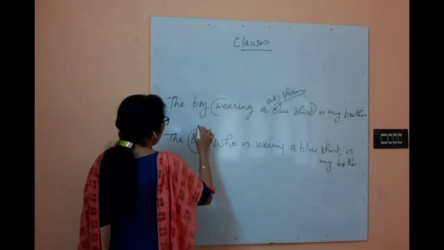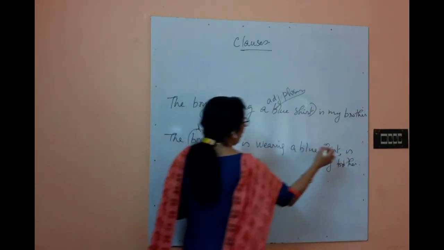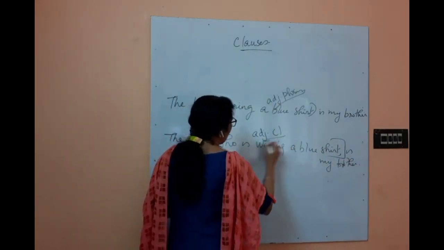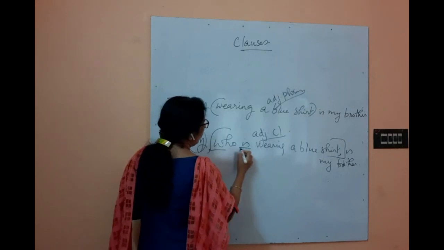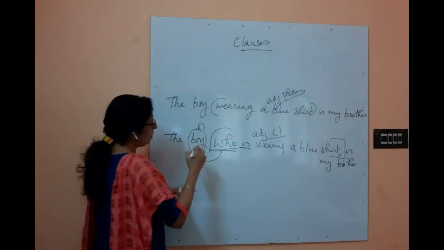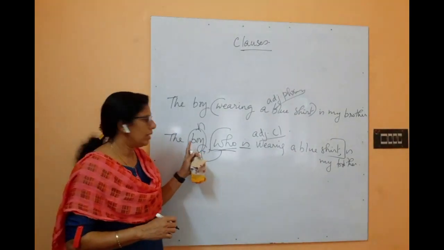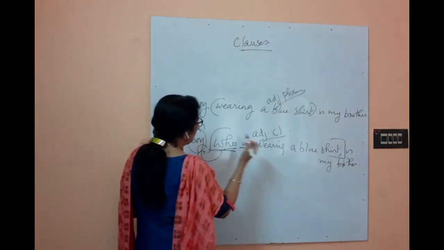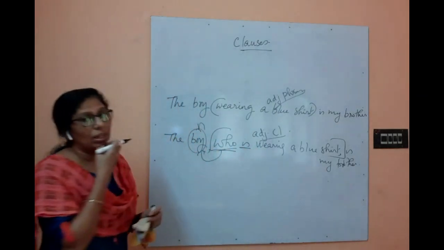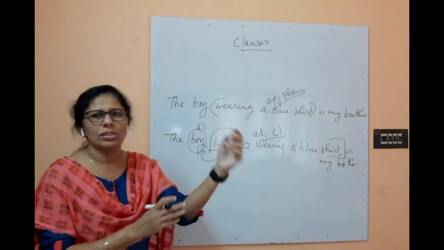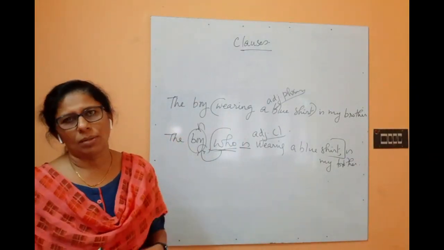Understood? So boy is a noun, and what kind of boy? Who is wearing a blue shirt. This is the adjective clause. We can see that the verb is there, the subject is there. Who means the antecedent is here, so the explanation of the antecedent is given by this relative pronoun. So this is the subject. And why are we picking out the sub-clauses only? Clauses, we know, can be a main clause or a sub-clause.